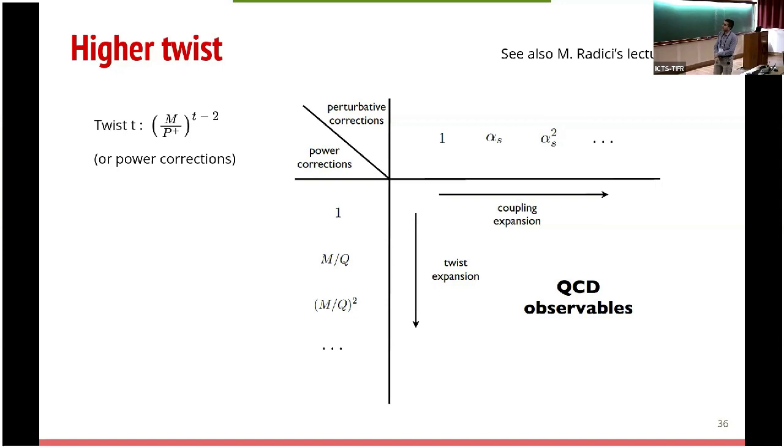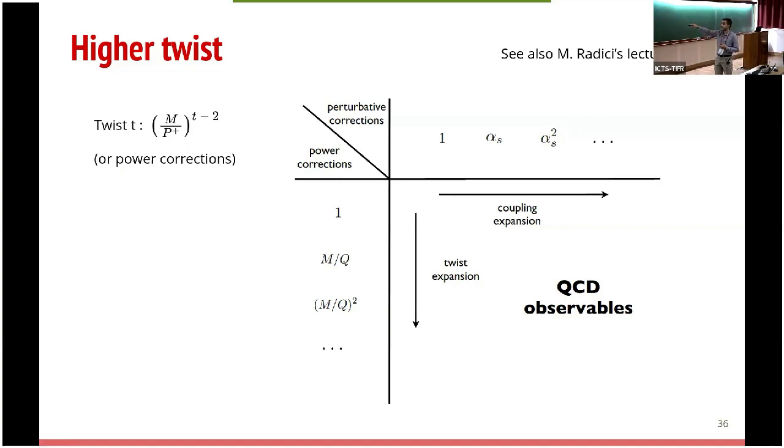So you can try to work out, for example, TMD factorization at leading twist for an observable, which means that you stop at this level, at 1 in the power correction, and you factorize the cross-section at all orders in alpha strong. What people recently started doing is the same thing at twist 3. So they take the cross-section for semi-inclusive DIS, and they try to give it a TMD interpretation at m over Q order.